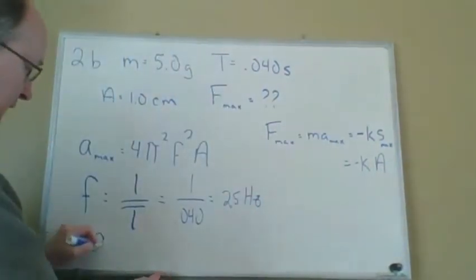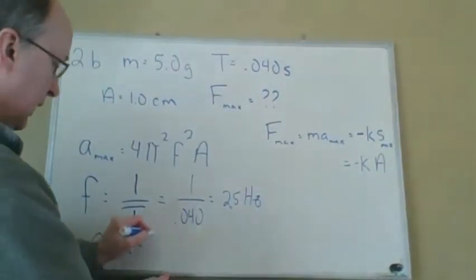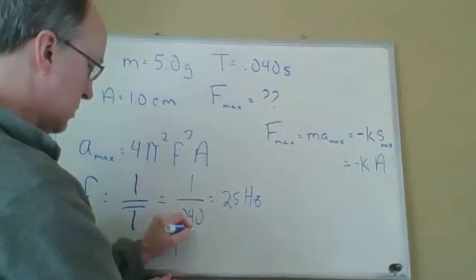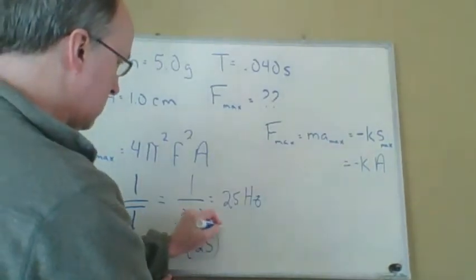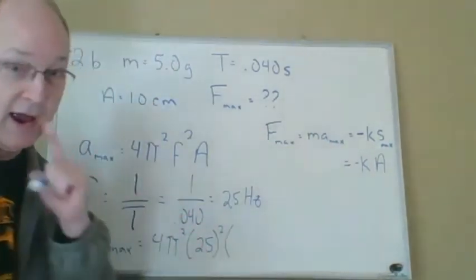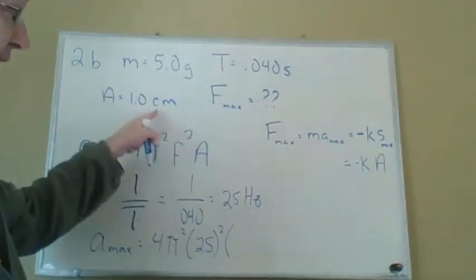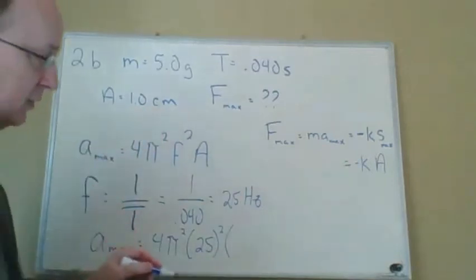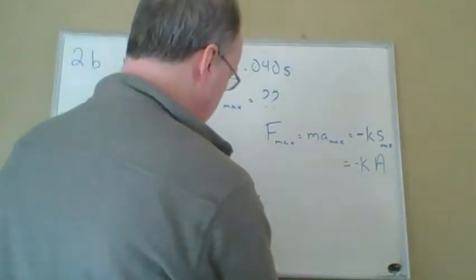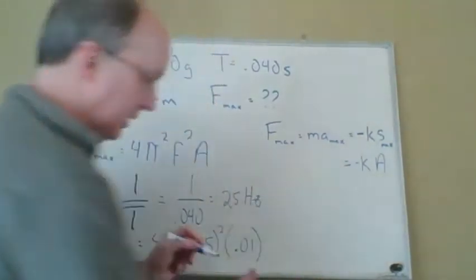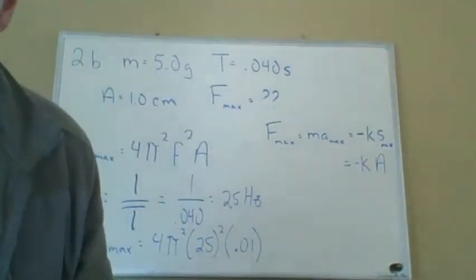And once I know that, I can plug that in to my acceleration equation. And then remember, my amplitude is 1 centimeter, but I need to convert that to meters. So I divide by 100, and I get 0.01 meters.